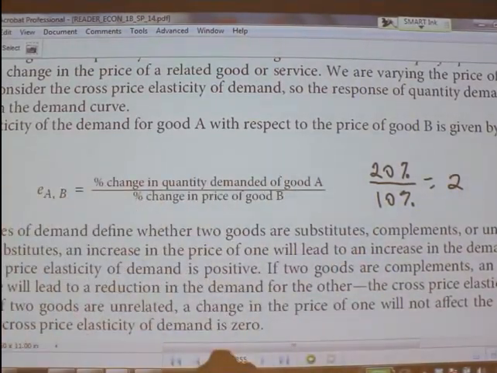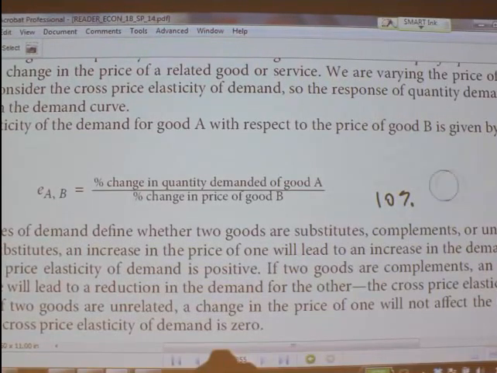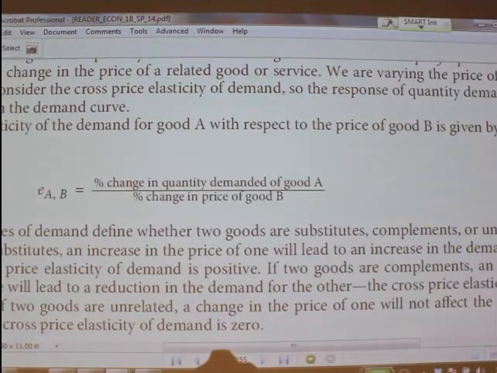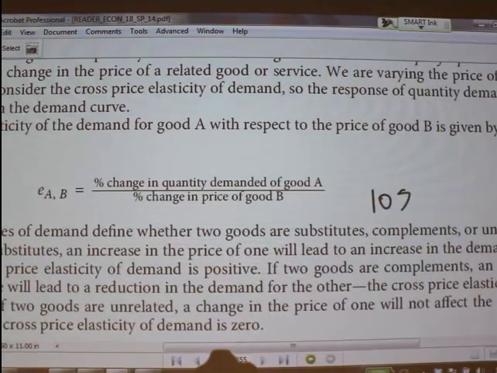But we might have two other goods, like, let's say, Coke and Pepsi. There, let's say the price of Coke goes up by 10%. The quantity demanded of Pepsi should go up.